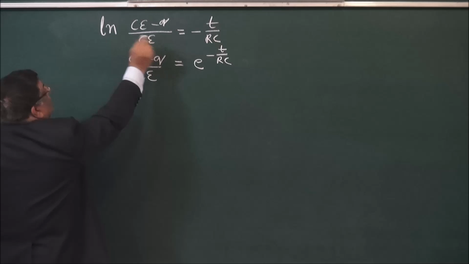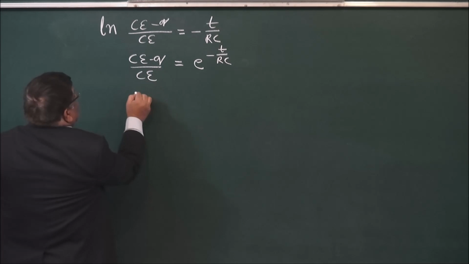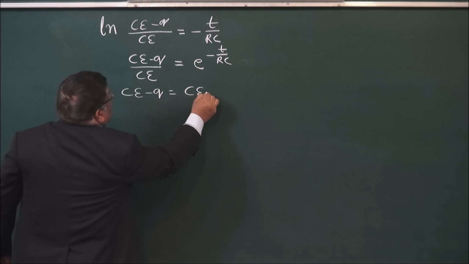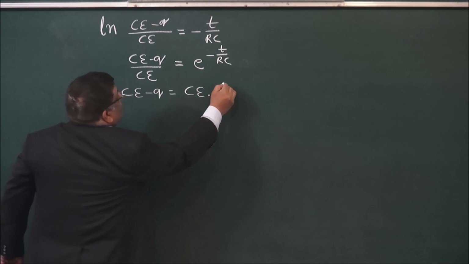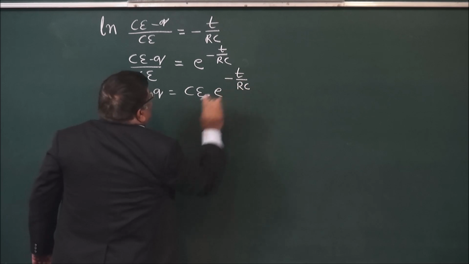This is the antilog of both sides. Now this says that CE minus q is equal to CE into e to the power minus t upon RC.